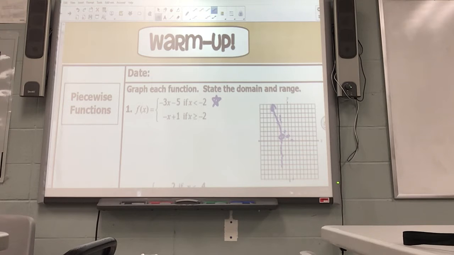But let's see which side this wants. Greater than -2, so it wants the right side, which is where I am. So let me take this top dot I wrote and do a 1, 1 slope one more time, and that one will get colored in because it's got the bar underneath it. Get something looking kind of like that.